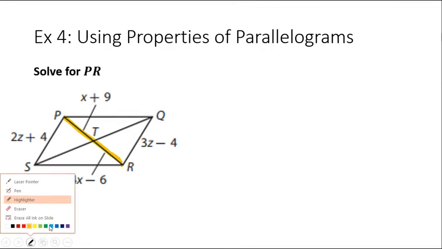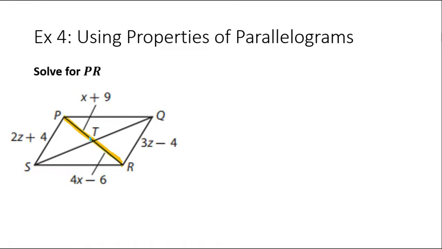And remember that diagonal is made up of two parts, P to T, and then T to R. So remember, those two parts are congruent to each other. So we're just going to say that this segment and that segment are congruent. So we're going to say PT is congruent to TR.